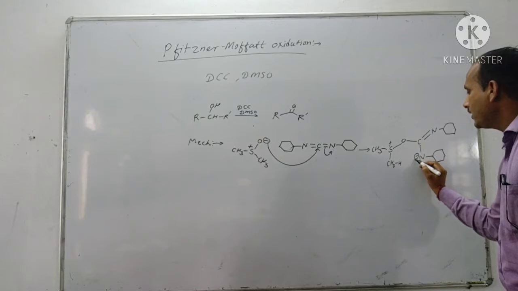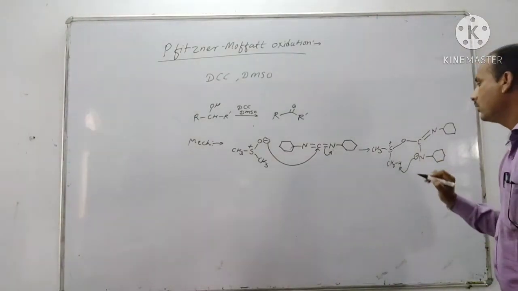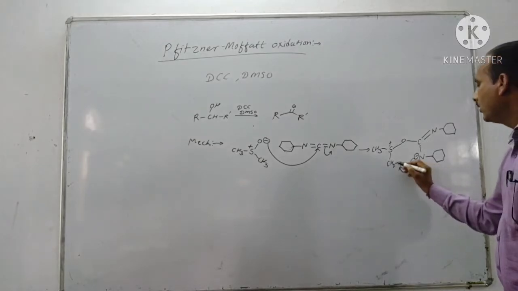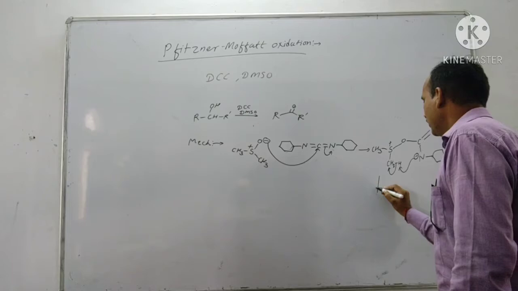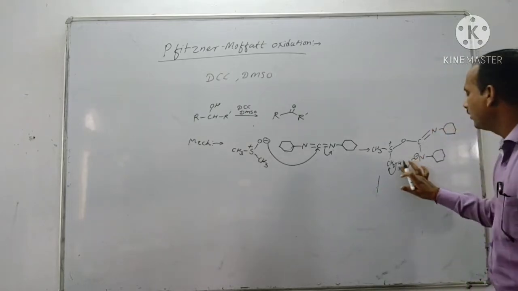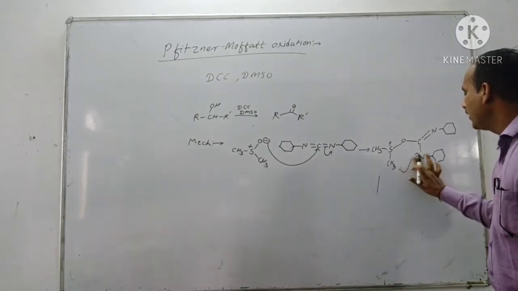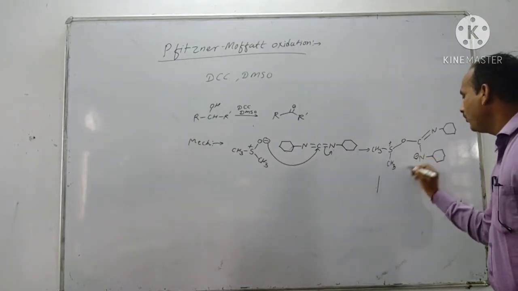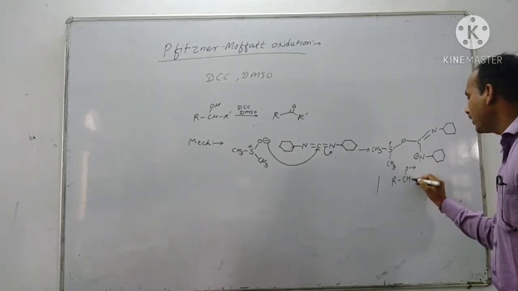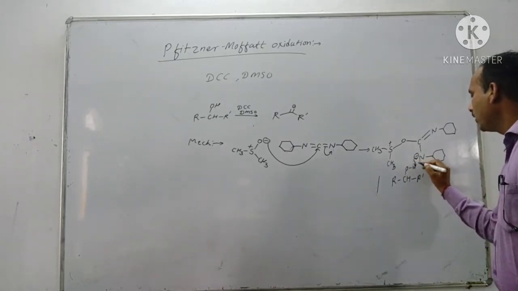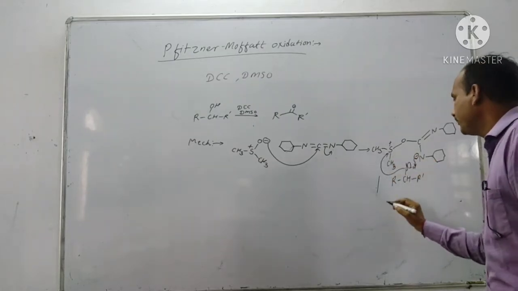Now this N minus takes the proton from this, then there is a CH2 minus. Or instead of that, we can write as CH3. This N minus takes the proton from alcohol R CHOH R dash. Then there is O minus, and this O minus attacks on sulfur.